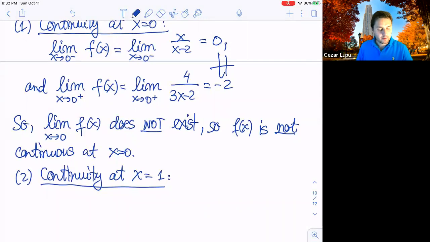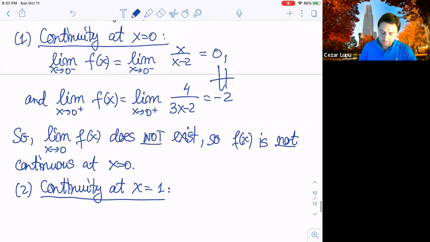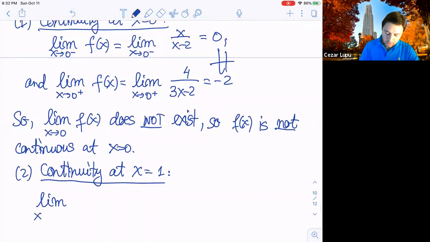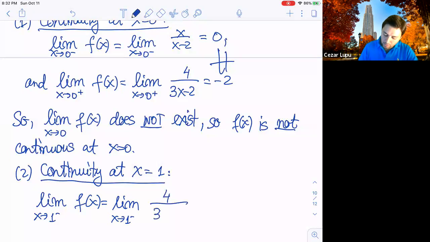Okay, so we have this continuity at 1. We need to do the same thing, but this time we take the limit as x approaches 1 from the left of f of x, which is nothing else than the limit as x approaches 1 from the left of the function we're looking for, 4 over 3x minus 2.